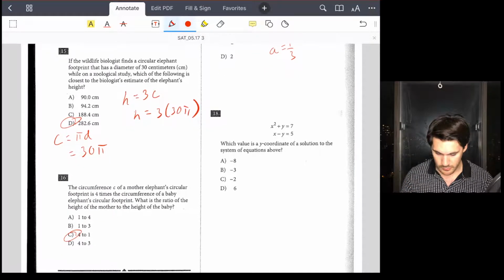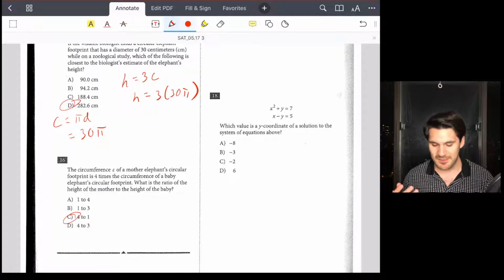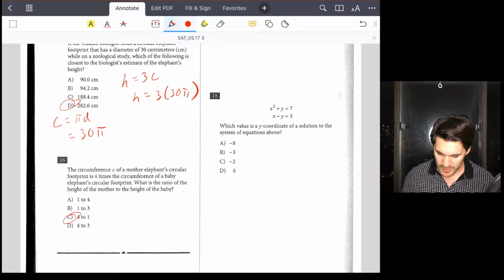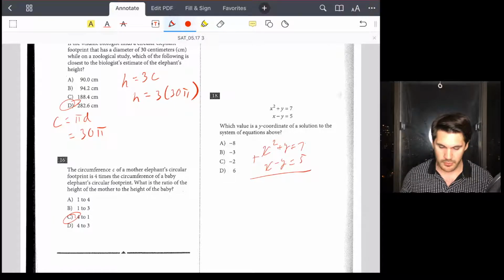Number 18. The tactics we're going to be using, just keep repeating it, right? So we have two equations. We can do this by using elimination. So I'm going to take x squared plus y equals 7, x minus y equals 5. Add these two together, and we're going to get x squared plus x equals 12.